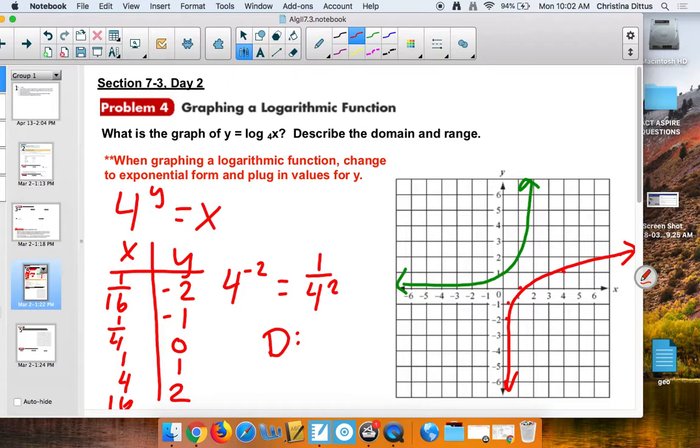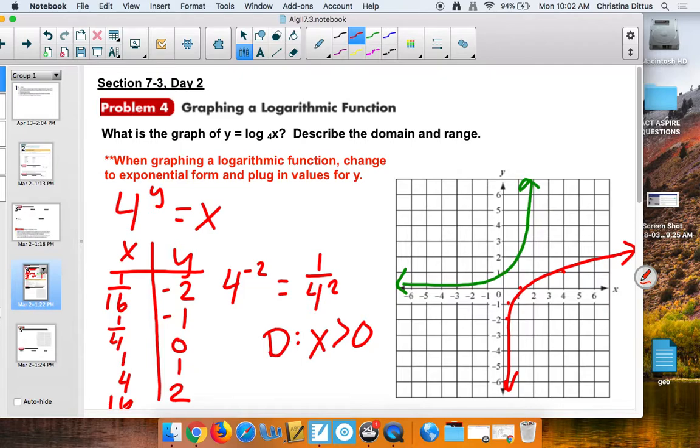Can my x's be any value? No. Do I have any negative x's? Do I have any x's that are going to be 0? Nope. Remember, we used to get super close to our y. Here it's the same thing, except we're getting super close to our x. So our domain, our x has to be greater than 0. It never touches 0, but it gets really close.